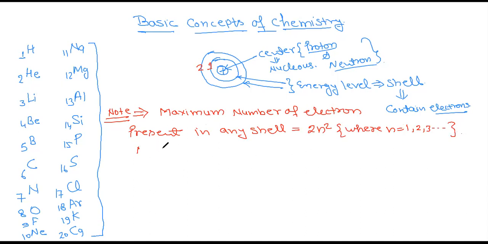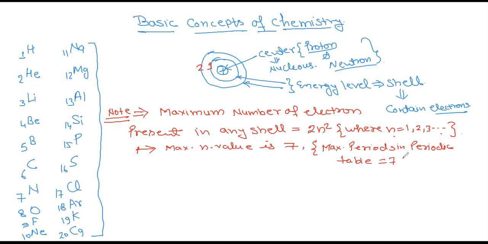Note the point again: the maximum value of n is 7, because the number of periods in the periodic table is 7. We will discuss this later in the next video.